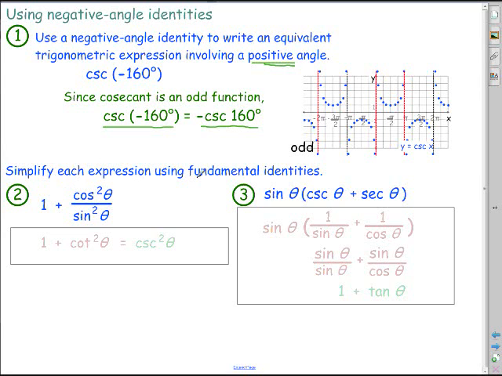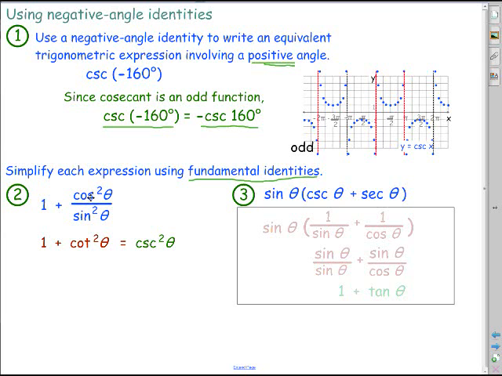Now, just to practice using our fundamental identities, now that we've got the negative angles under control, how might this be transformed? We can use a quotient identity here. We know that cosine theta over sine theta is cotangent theta.